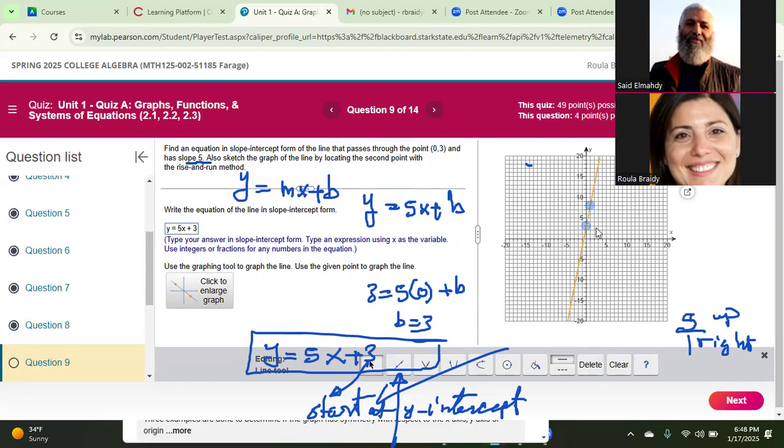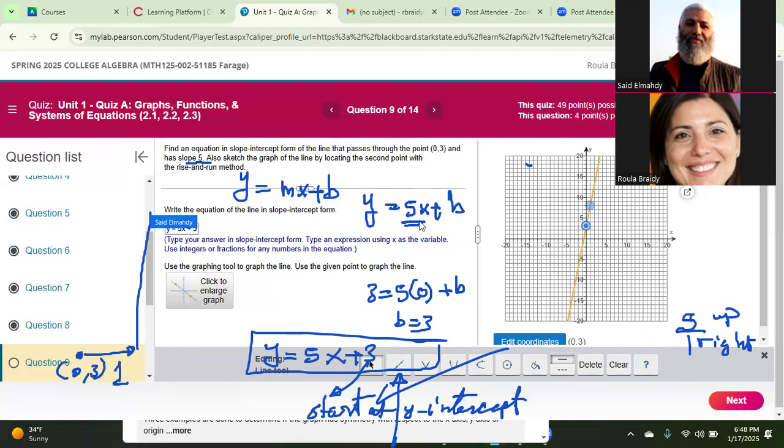This is the line. This is (0, 3), and the other one is (1, 8). Where did we get (1, 8) from? From the slope. The slope is 5, so from the point (0, 3), we go right 1 and up 5 units because the slope is 5.